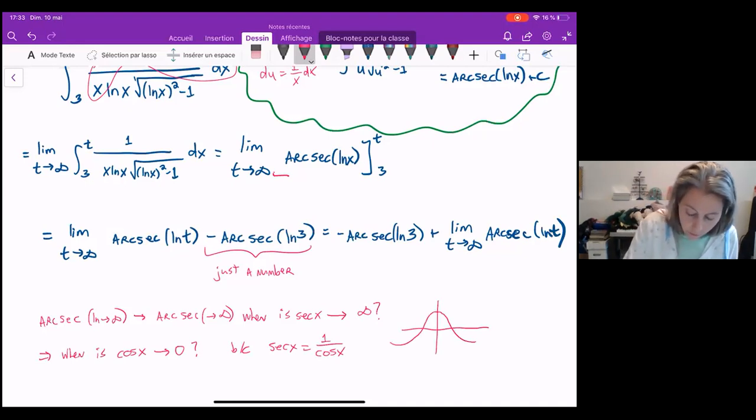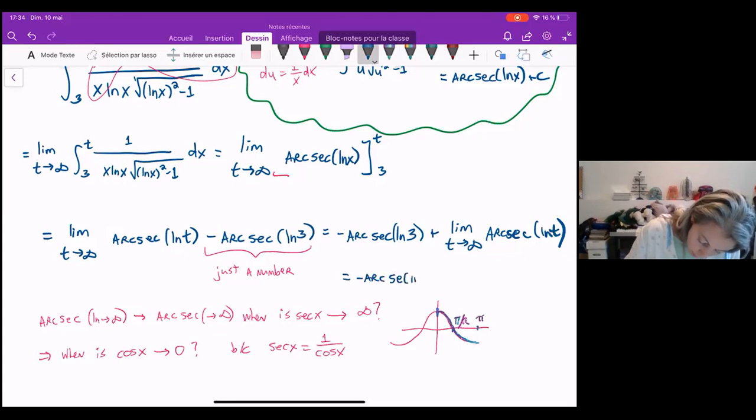And we know that for the inverse trig functions, cosine is only defined between 0 and pi. So when is that cosine going to 0? At pi over 2. So it turns out that this is equal to negative arcsecant of ln 3 plus pi over 2.